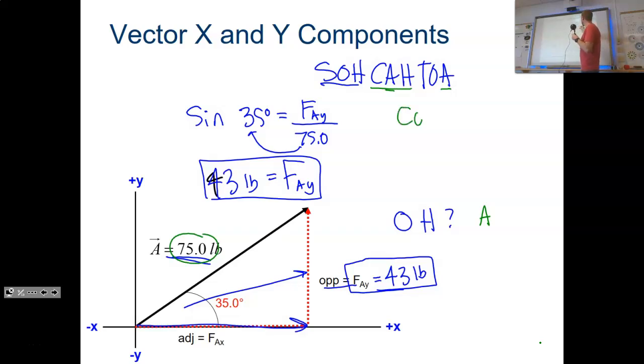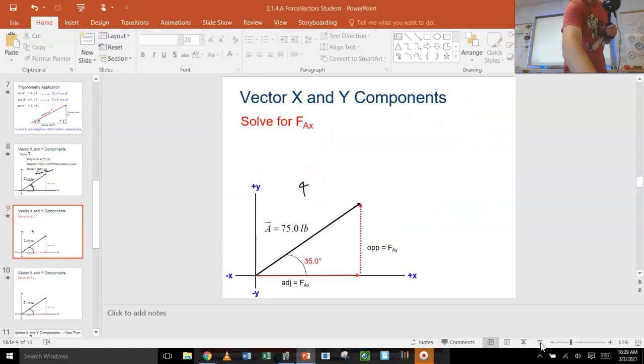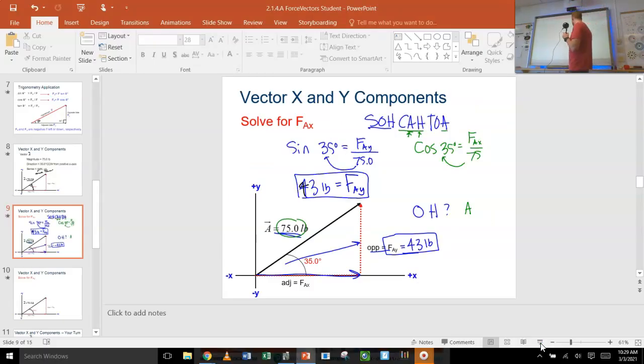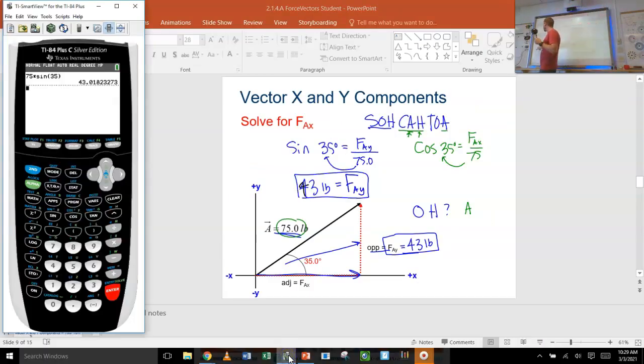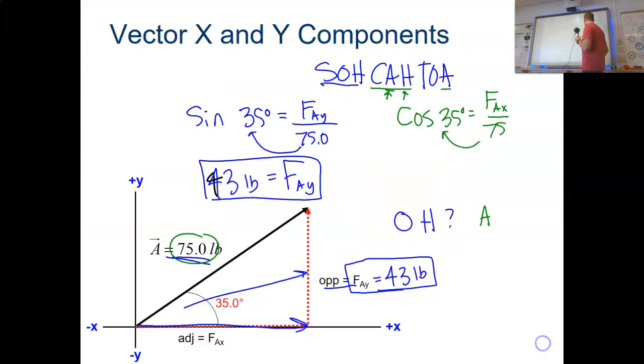So I'm going to say the cosine of 35 degrees is equal to the adjacent, FAX, divided by the hypotenuse, 75. So again, I'm going to multiply that over. So I'm going to take 75 times the cosine of 35, and you get 61.4. I'm just going to go with 61.